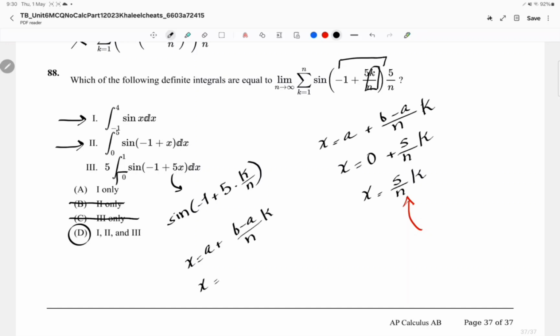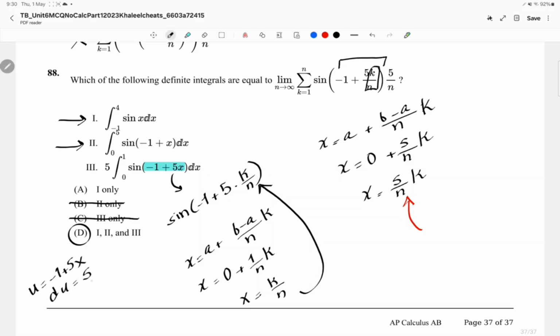So if my a is 0, and my b is 1, 1 minus 0 is just a 1, k. So x is equal to k over n. So yeah, it does work. Okay, and someone smart is going to say, well, wait a minute, what's this 5 for? Well, look, this is called the u term. So the u term is equal to minus 1 plus 5x. That means the du term is equal to 5. That's why there is 5 in here. Because now you can integrate if you have a du.